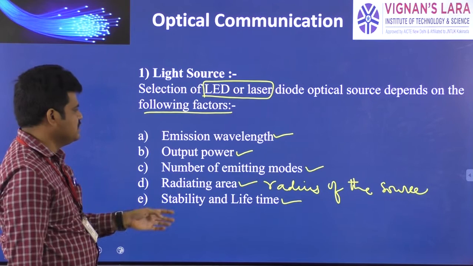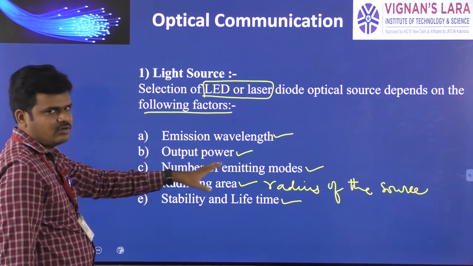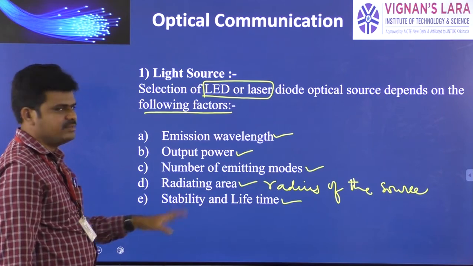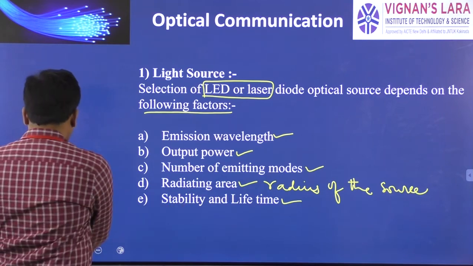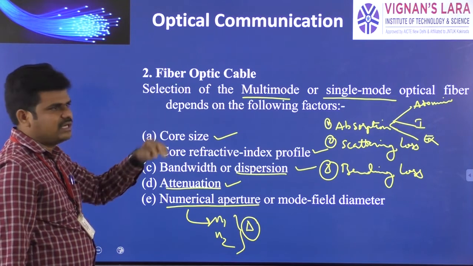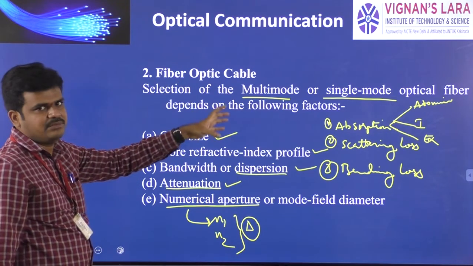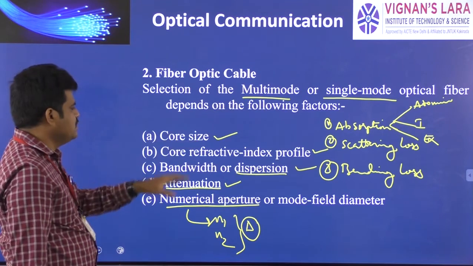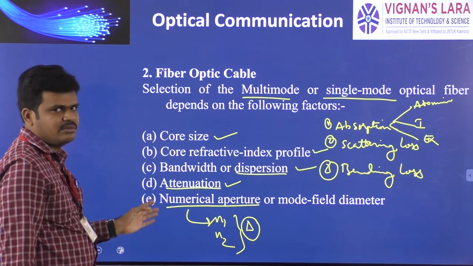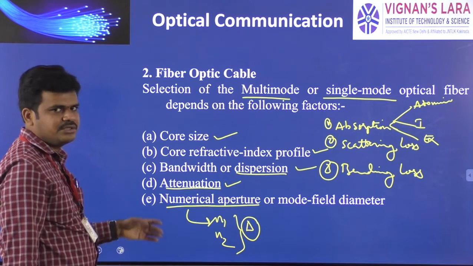Emission wavelength, output power, number of emitting modes, radiating area, stability and the lifetime. What parameters do we consider in selecting the optical fiber? It may be multi-mode or single mode, core size, core refractive index, bandwidth, attenuation, numerical aperture.